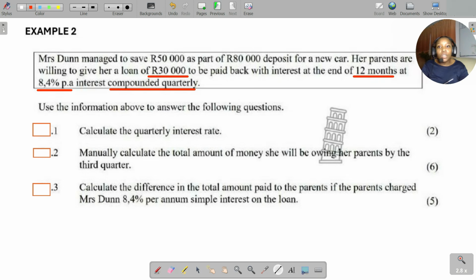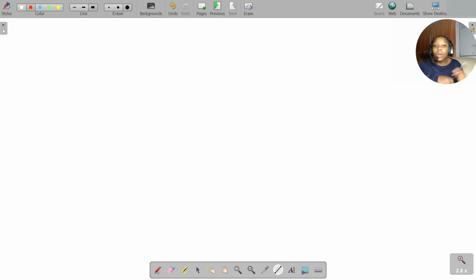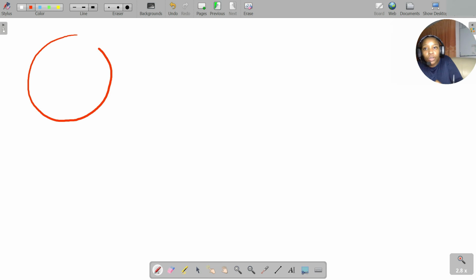So I'm just going to use a diagram to help you see what is meant by that. I'm going to draw my circle again. Now when we talk about quarters, think quadrilateral, four. Divide our circle into four equal parts.